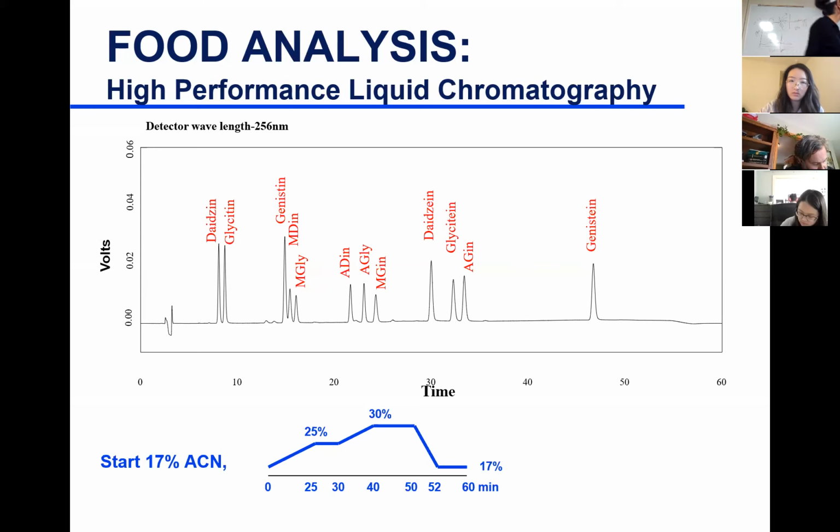So I might lose this nice separation here. So the separation between these, let's say 3 here and 3 here and 3 here, they're very close to each other. So if I'm just running isocratic, they're going to take a long time. Each peak is going to be wider. They're going to be overlapping. So longer analysis time and loss of resolution of peaks that are close to each other.